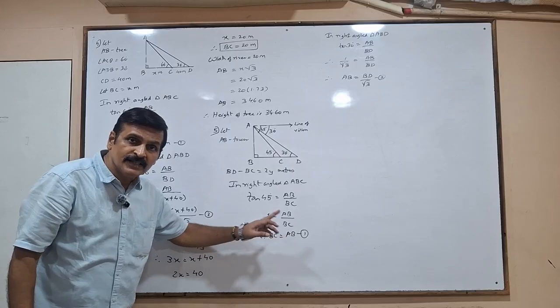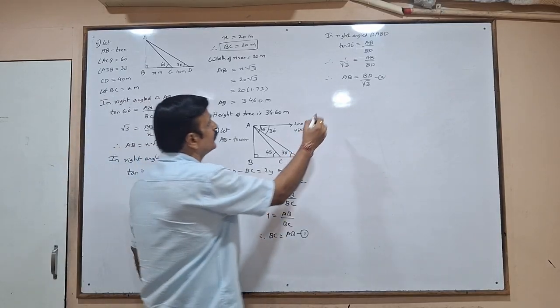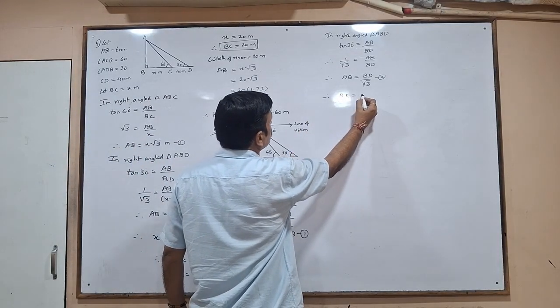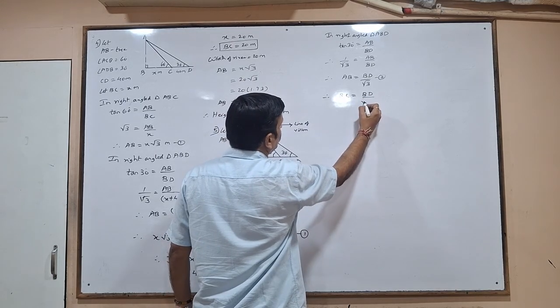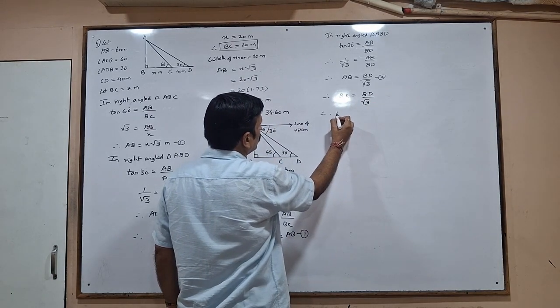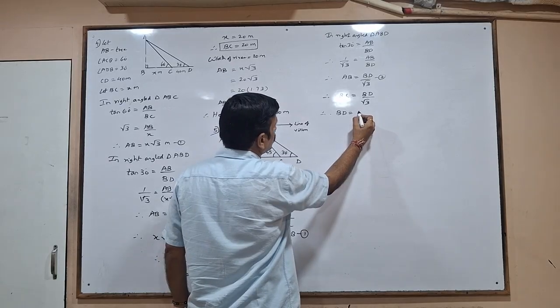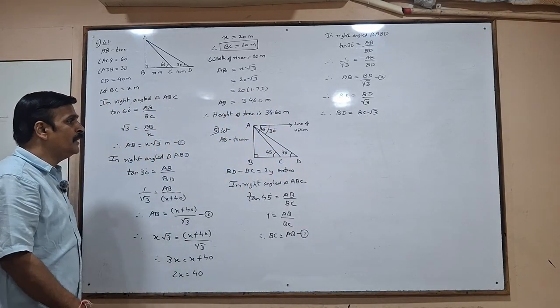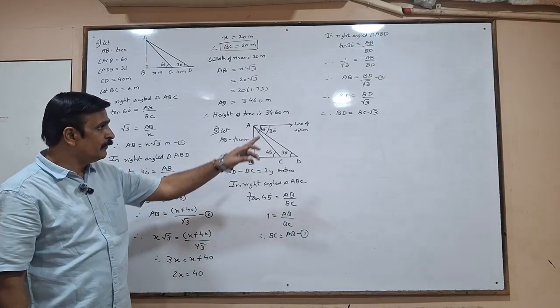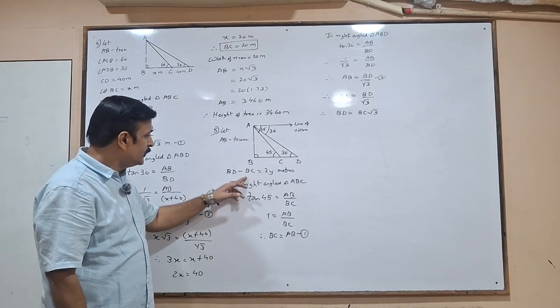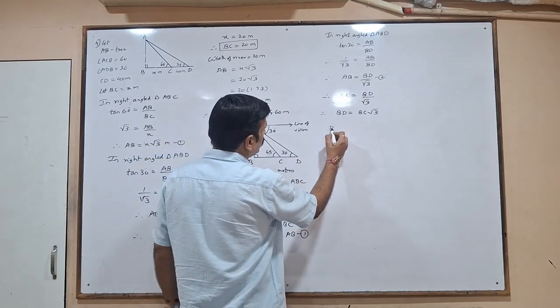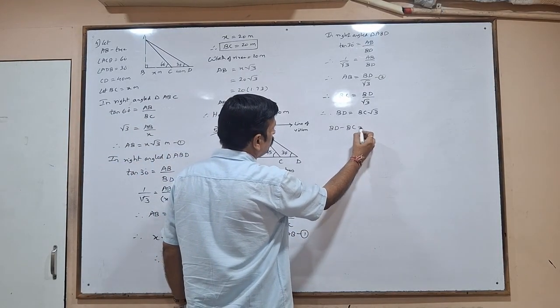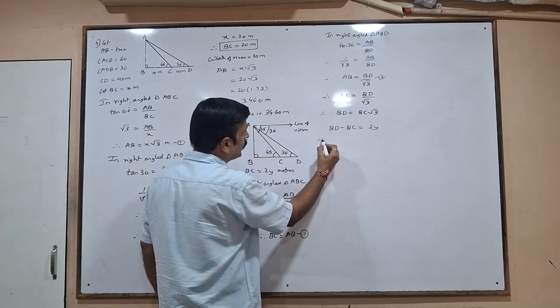But AB is equal to BC. So I can write BC is equal to BD upon root 3. So BD is BC root 3. We got BD in terms of BC. Now BD minus BC is equal to 2y.